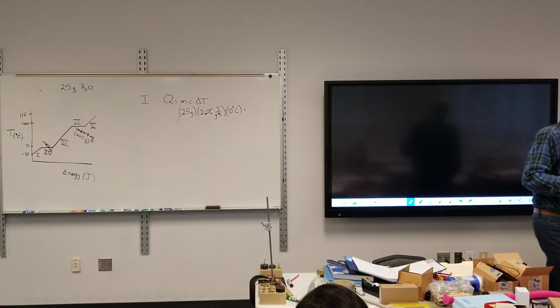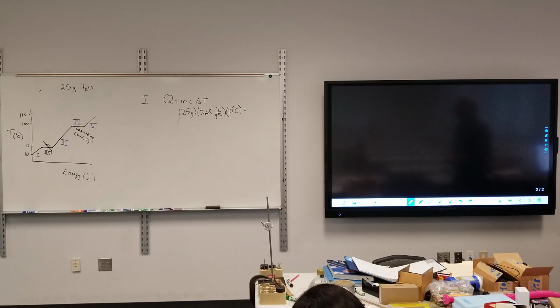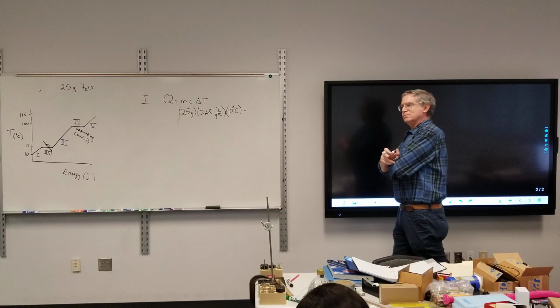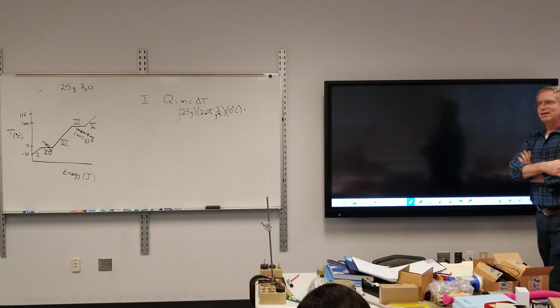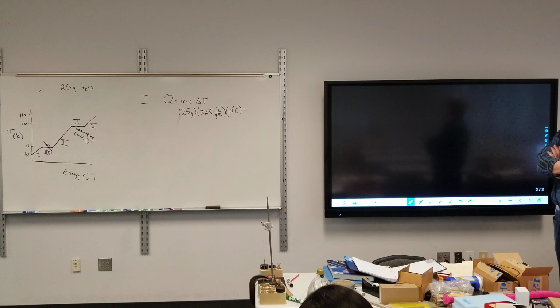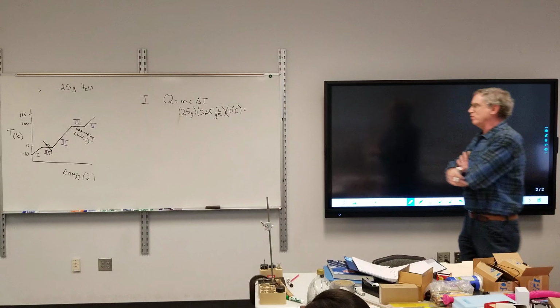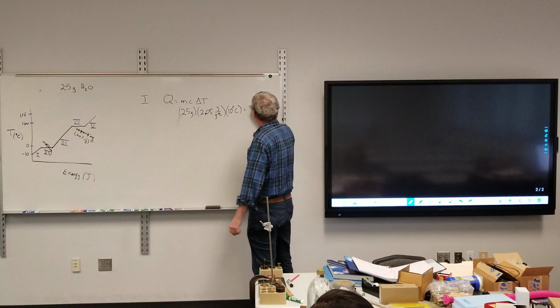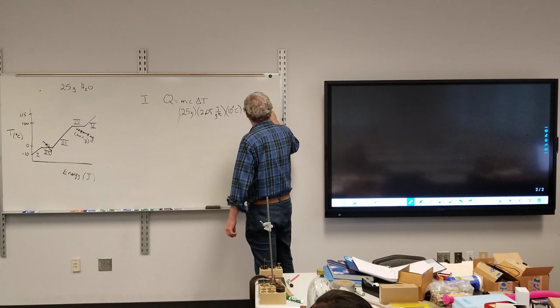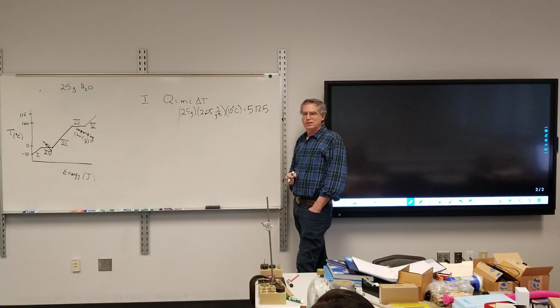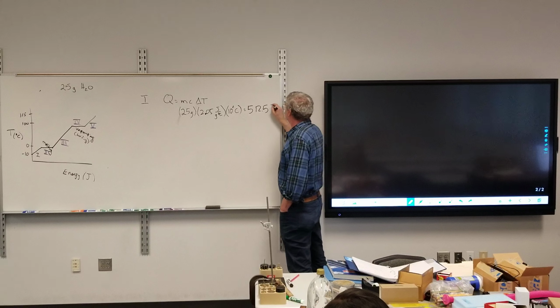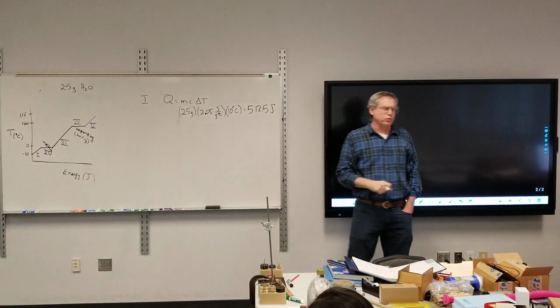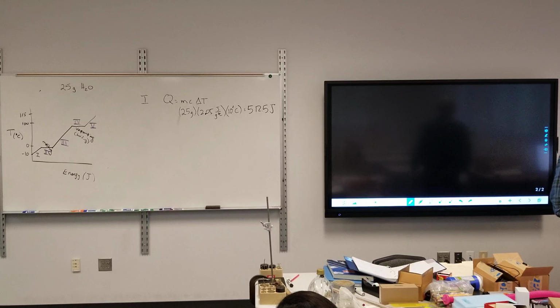Or hopefully 2 people will share with the same answer. 512.5. Okay. Units? Yes. So a little over 500 joules in order to get it up to, in order to melt it.